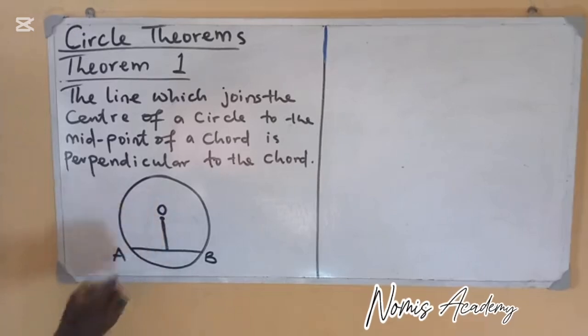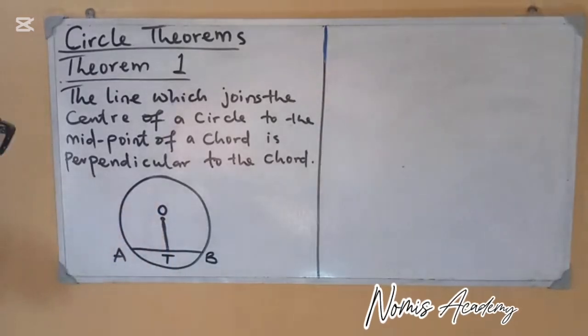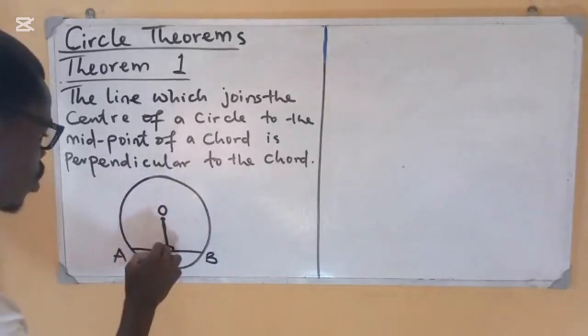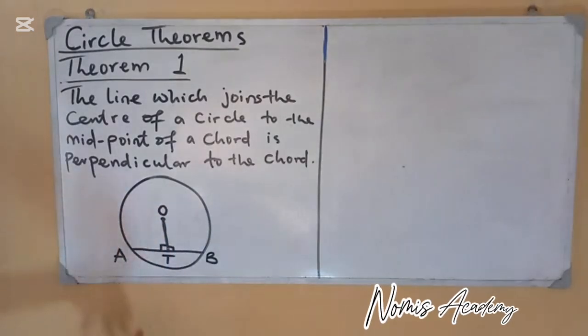Let here be the midpoint. So we call this T. We call the midpoint T. So that line is said to be perpendicular to the chord. So when we talk of perpendicularity, we mean that the angle formed at that point is 90 degrees.